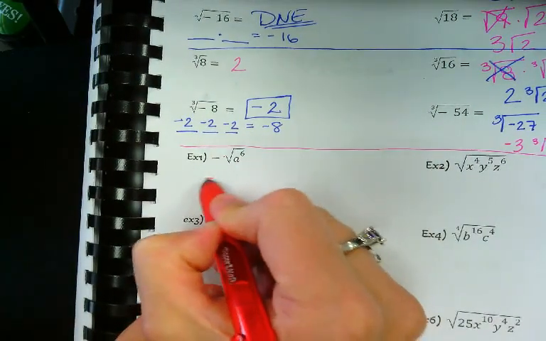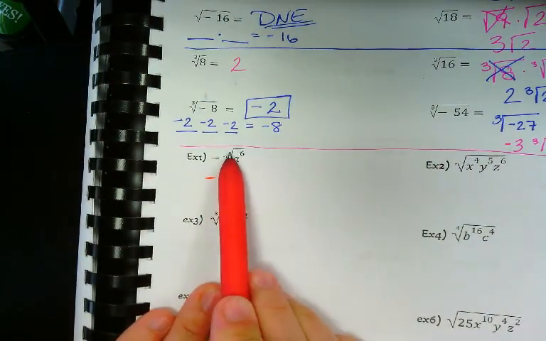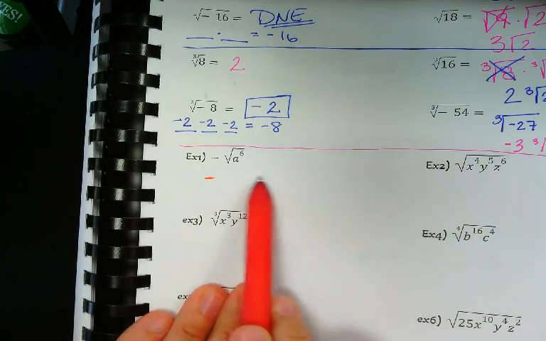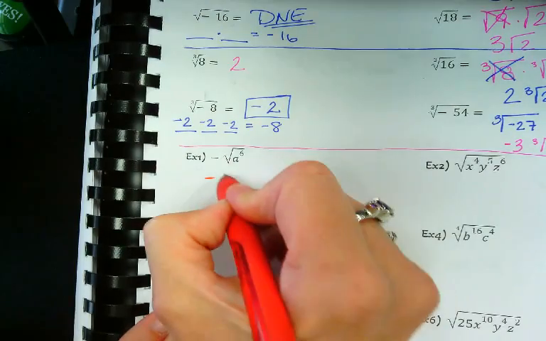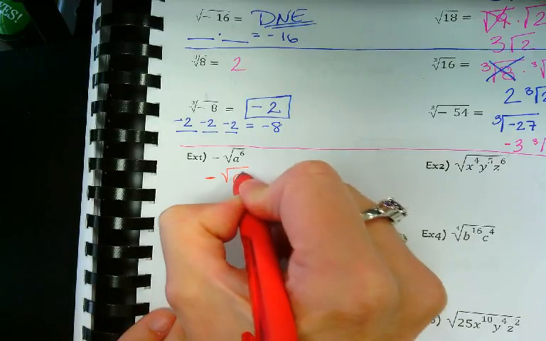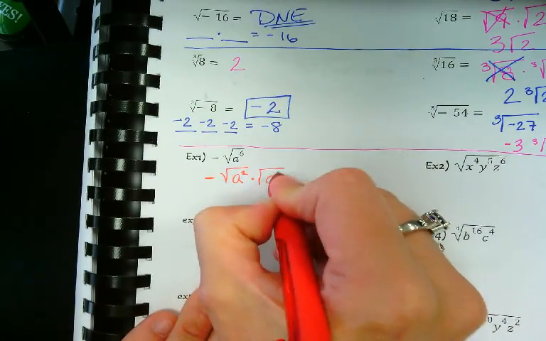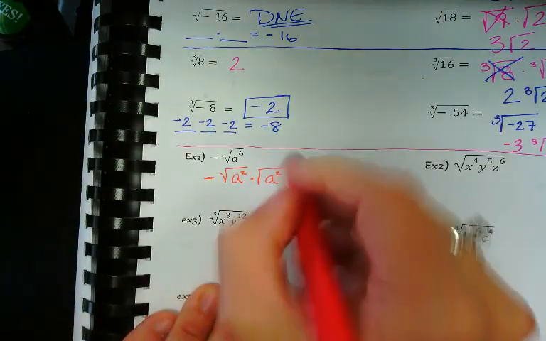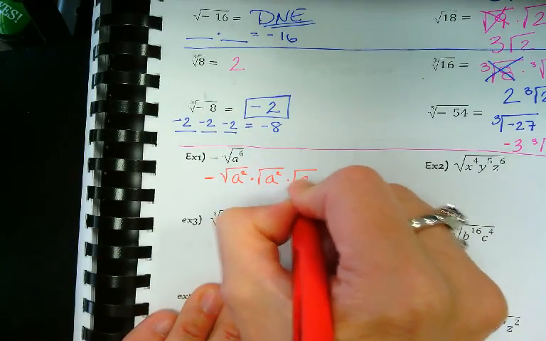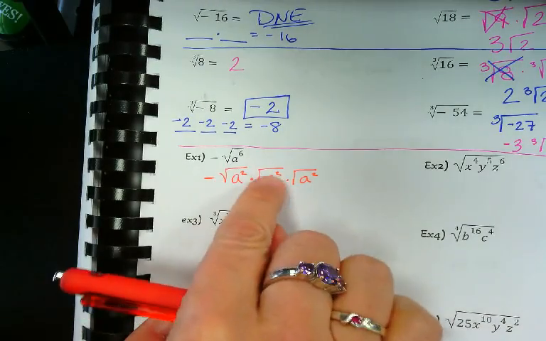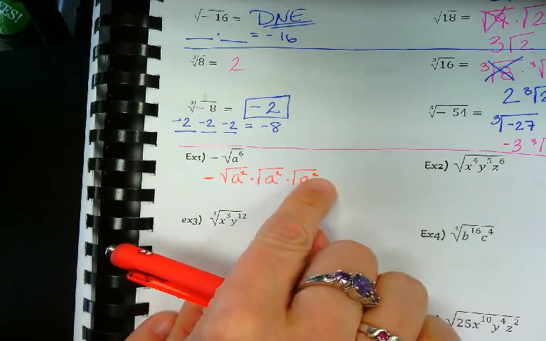There's a negative out front that's going to stay. This is a what type of root? Square root. So in theory, I have to have all perfect squares in here, right? So I can say it's the square root of a squared times the square root of a squared times the square root of a squared. Because when I multiply, I add exponents. That's 2, 4, 6.